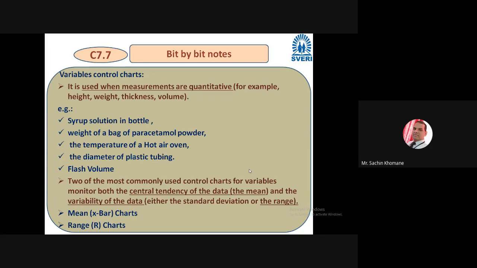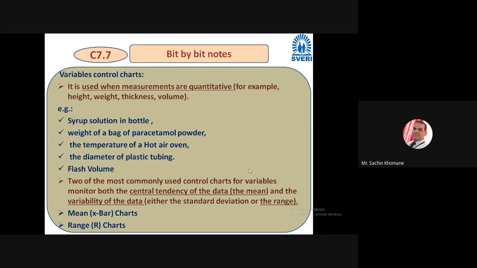Or range in statistics, how to calculate range. Okay, in coming discussion we'll have it, because we have to see those charts. I don't know whether you are knowing, so well and good.